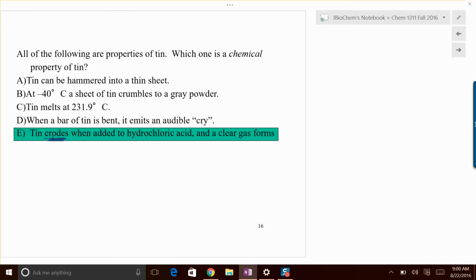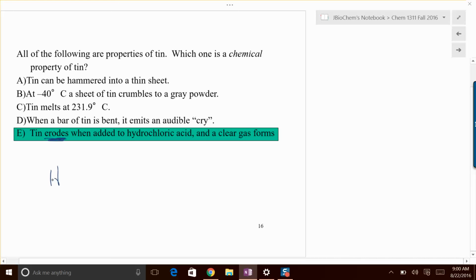And that is simply by understanding that when we have something that is physical, it just simply changes its physical state. Solid, liquid, gas. Those are the 3 states, right? Solid, liquid, gas. So if it's going through those phases, that's a physical change. It's not changing chemically. But if it's changing its chemical composition, it is becoming something different.